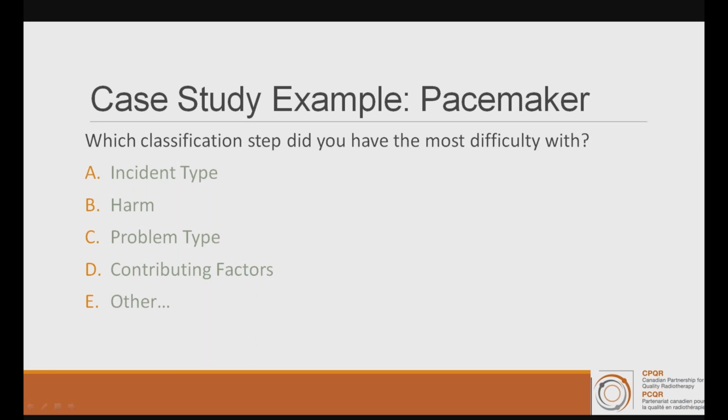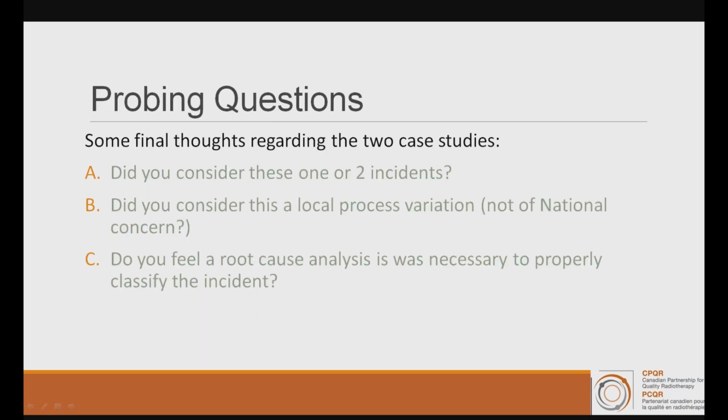I would assume it's problem type, contributing factors, etc. And for that, I would highly recommend having the MDS at your side at all times when you're filing your incidents. The definitions really help clarify and change your decision from other to an actual problem type.